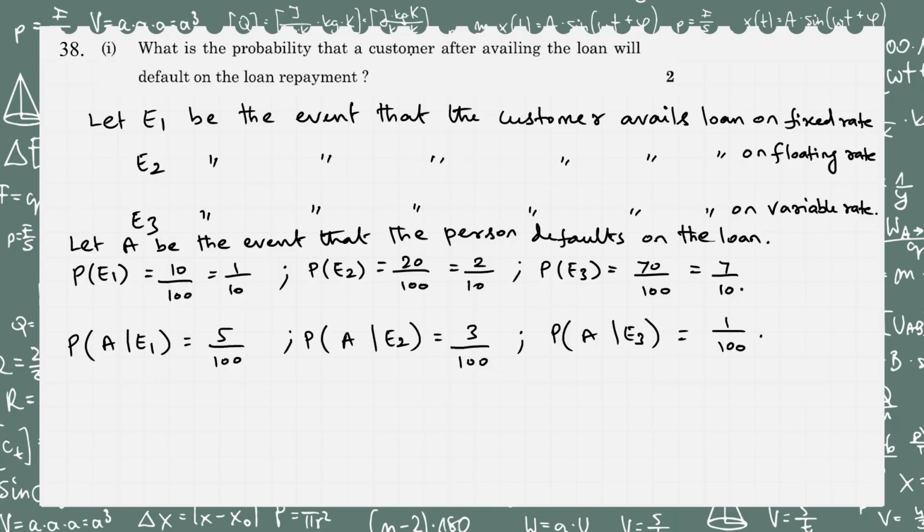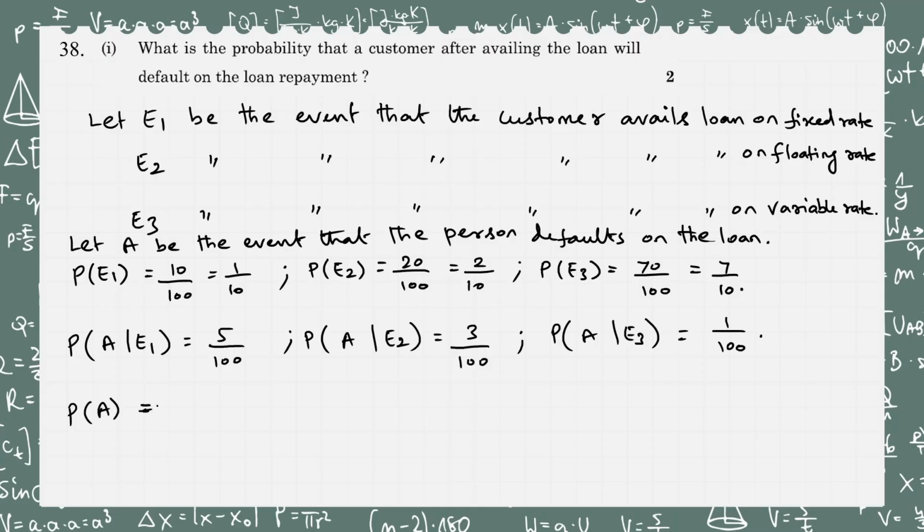What is the probability that a customer availing loan will default on the loan payment? So we want to find out P of A. The person may have taken fixed rate and failed it, the person may have taken floating rate and failed it, and the person may have taken variable rate and failed it.